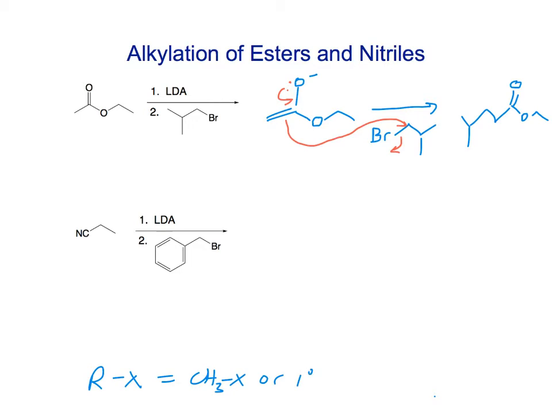If we get secondary or tertiary, what would happen if we formed this enolate and then we added a tertiary alkyl halide? Just nothing? Or would something happen? Something, right? Good answer. So what kind of something would happen? What happens when we take a tertiary alkyl halide and we add a strong base to it?